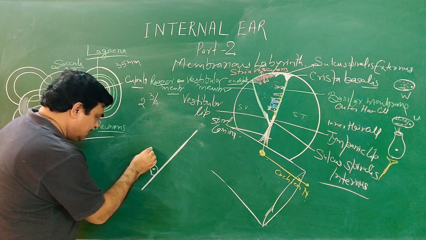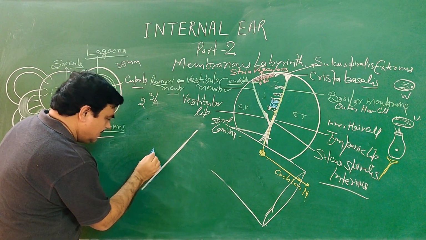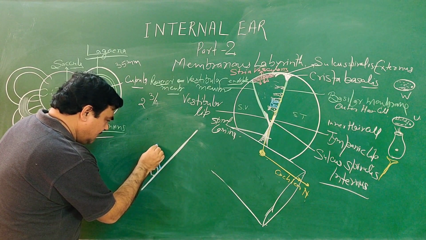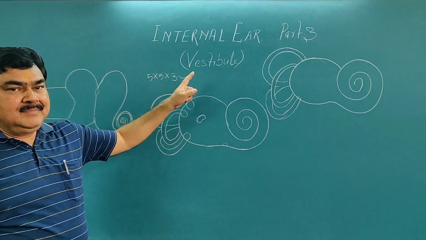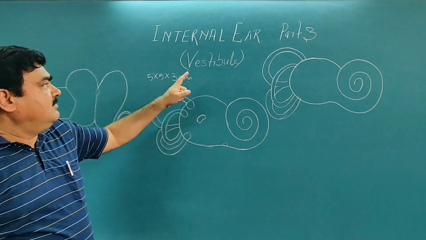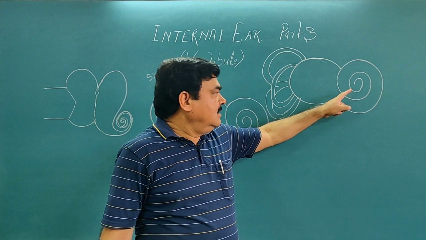A rod cell is like a rod. This is the inner rod cell, and this other rod cell is the outer rod cell. In the previous lecture on the internal ear, you have seen the anatomy of the cochlea.